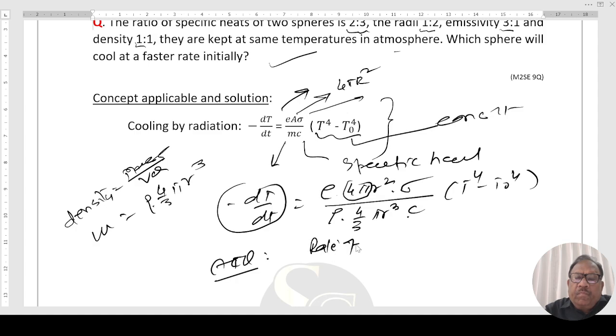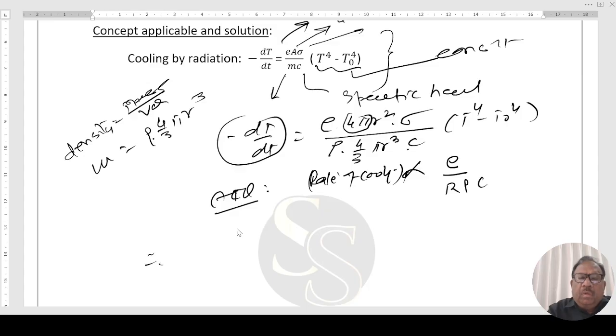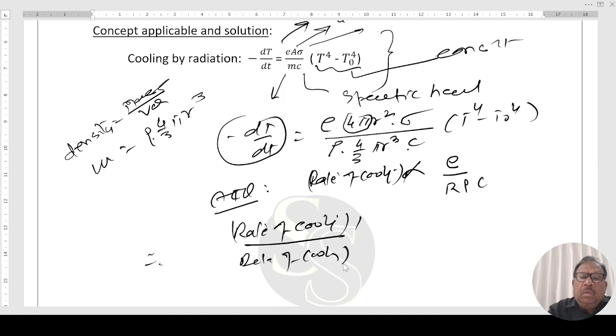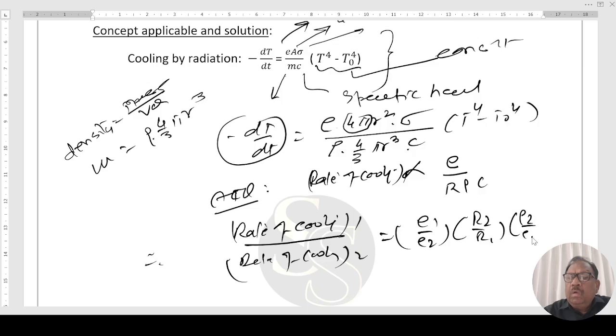Rate of cooling will be proportional to E sigma upon R rho C. Therefore, rate of cooling 1 by rate of cooling 2 will be equal to emissivity E1 over E2, R2 over R1, rho 2 over rho 1, C2 over C1.